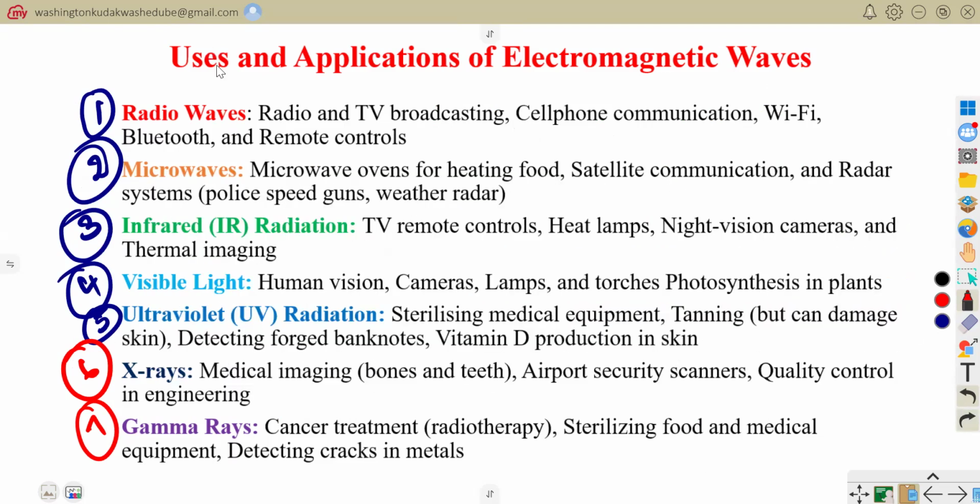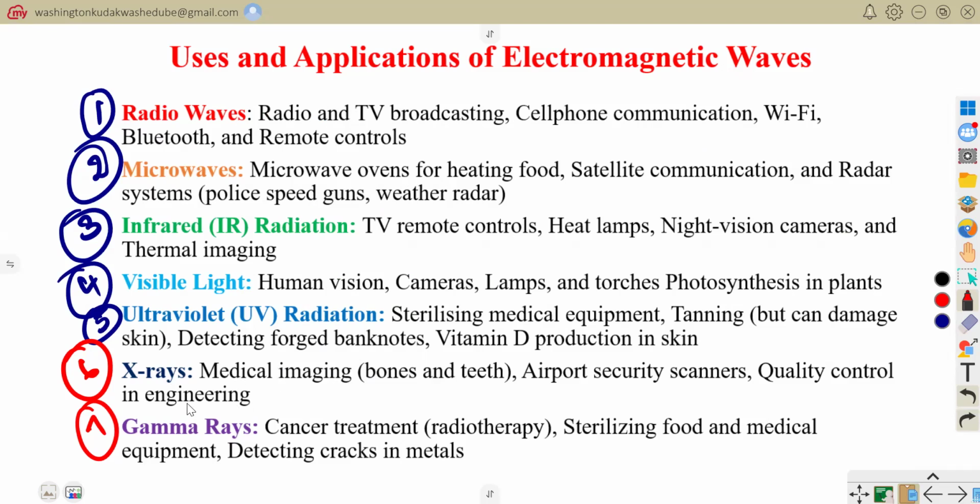We have described the uses and applications of electromagnetic waves, where we have said radio waves, you use them in TV broadcasting, cell phone telecommunications, and then microwaves in your microwave ovens, as well as in radar systems, infrared radiation for TV remote controls, visible light for human vision and cameras, ultraviolet radiation for sterilization and tanning, as well as detecting forged banknotes, X-rays for medical imaging.